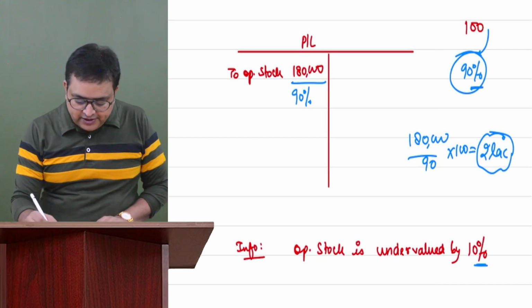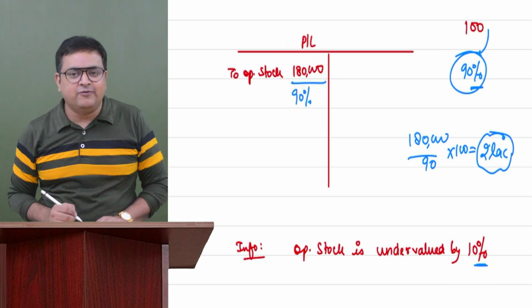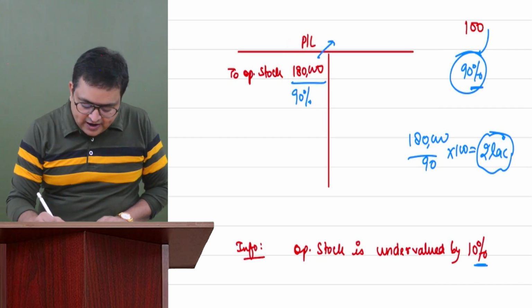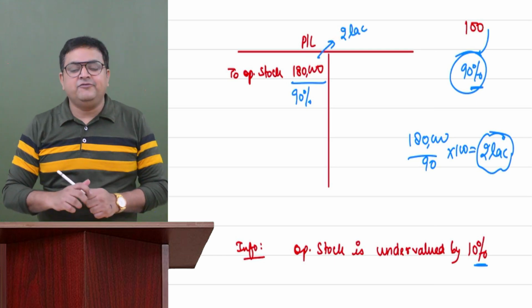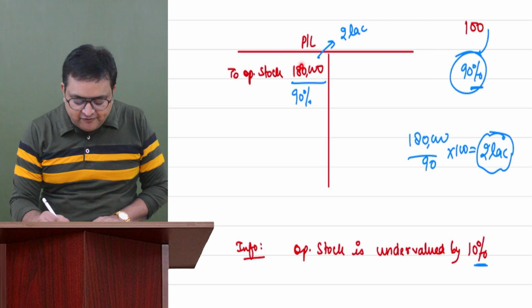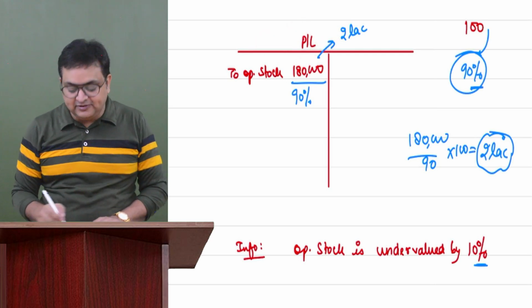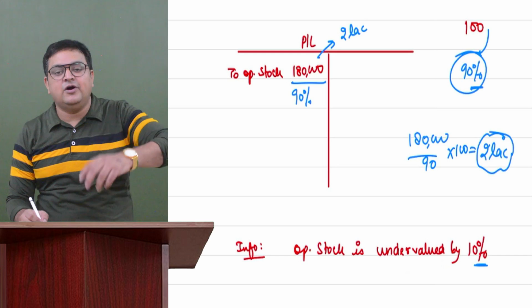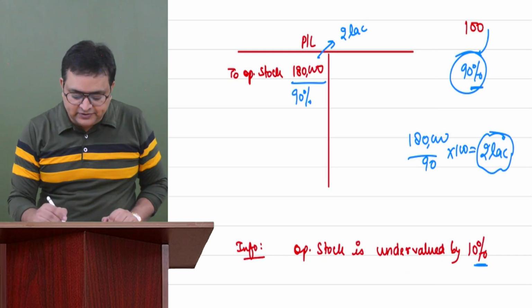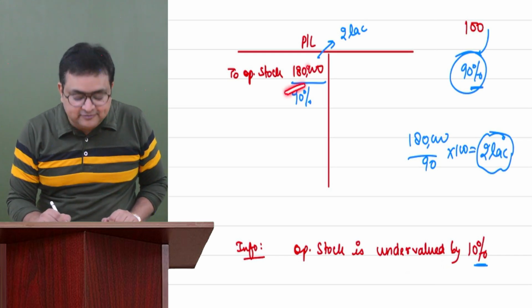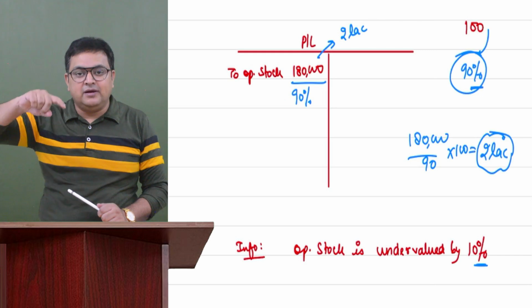So you have wrongly recorded it at 180. Now you have to record it at 2 lakh. So what adjustment are you making? Sir, we have to increase from 180 to 2 lakh. So we have to increase it by 20,000 rupees because it was undervalued. You have to increase your stock. So tell me, your expenses side is now becoming 2 lakh from 180.